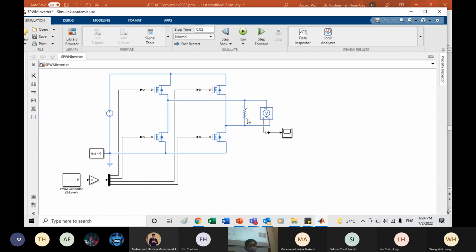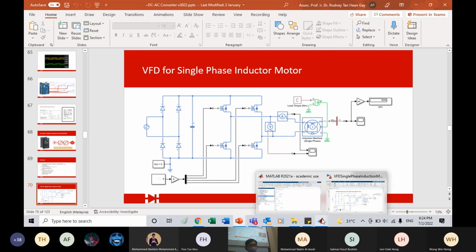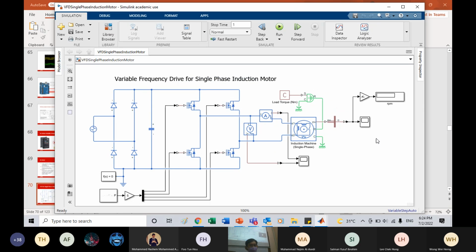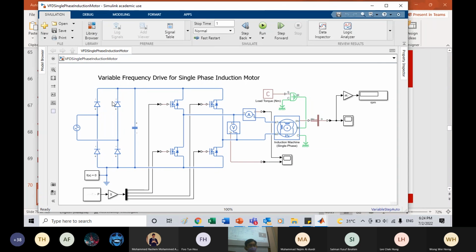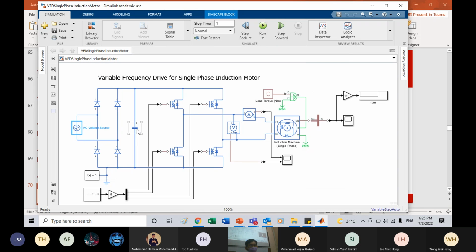Remember, I say power electronics usually consist of more than one stage to make up a complete system. Now you see there is a full bridge rectifier at the first stage, where we connect to our AC 230 volt. Then the 325, and then we will have a filter capacitor.